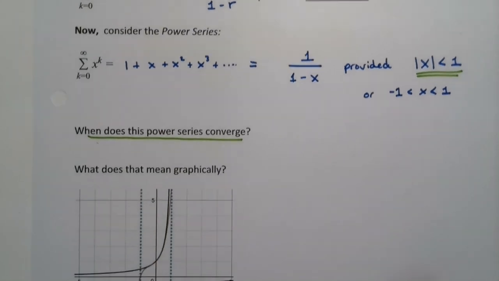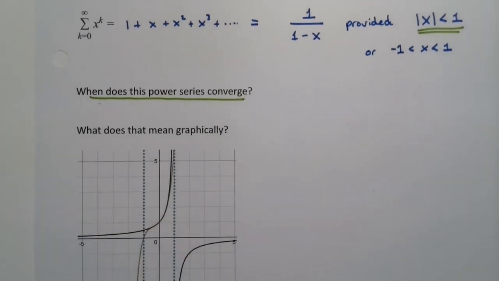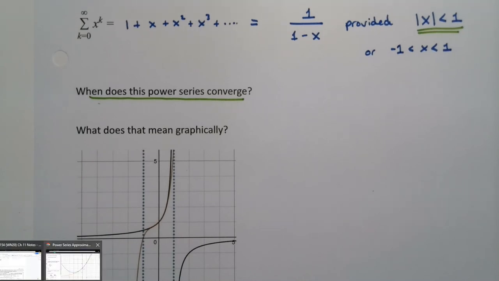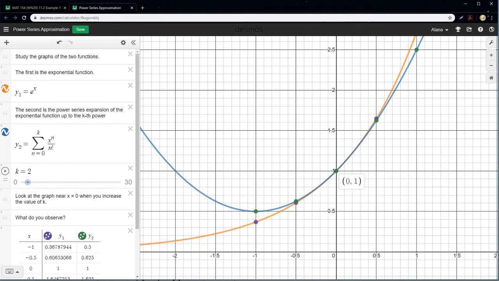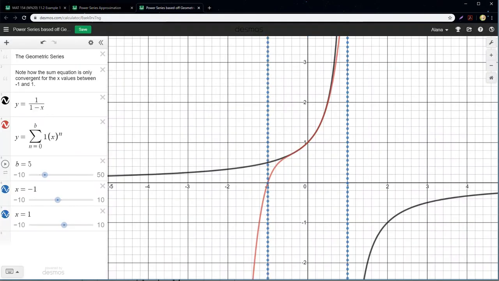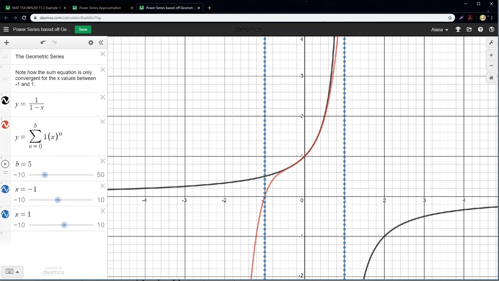Now, what would that mean graphically? Let's look at the graph. Here it is. So this is that graph, and hopefully you can see that you have x equals -1 on the left. That's that blue line.